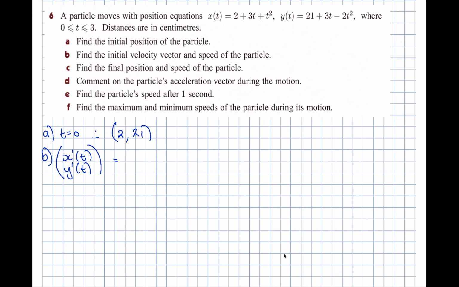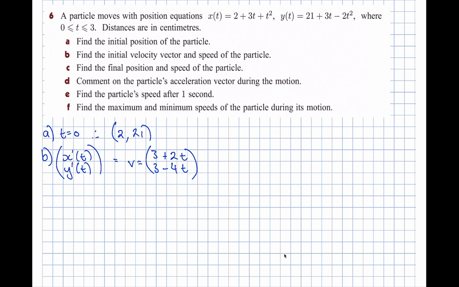So v is equal to, what are we going to have? 3 plus 2t and 3 take 4t. Okay, so that's your velocity vector. That's the velocity vector, to be honest.